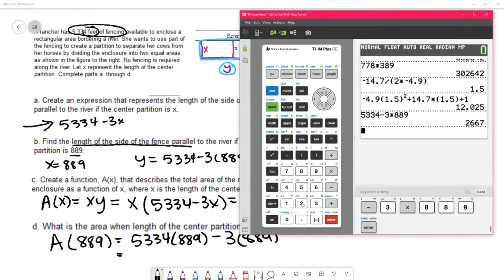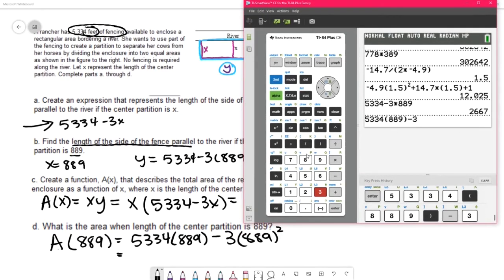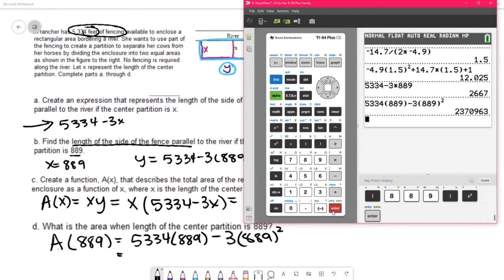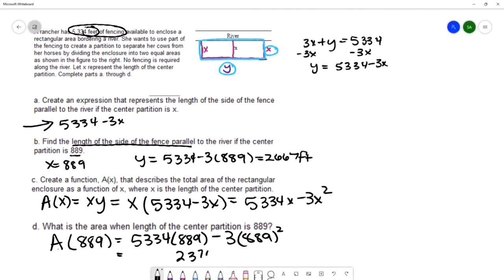That's 5,334 times 889 minus 3 times 889 squared. And it looks like a really big number there. That's 2,370,963. And the units there would be square feet.